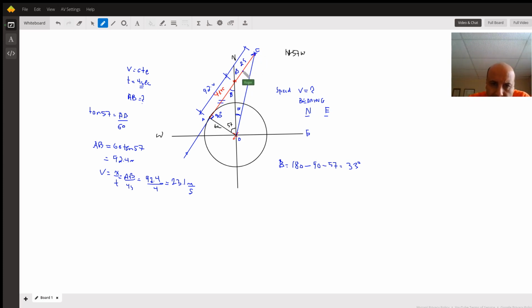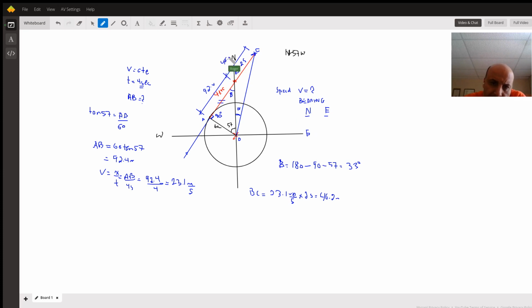So if we know the time is 2 seconds, then you can determine the distance BC. We use the same velocity, 23.1 meters per second, and multiply by 2 seconds, which is also given in the problem, and you get 46.2 meters. So the distance BC now is 46.2 meters.